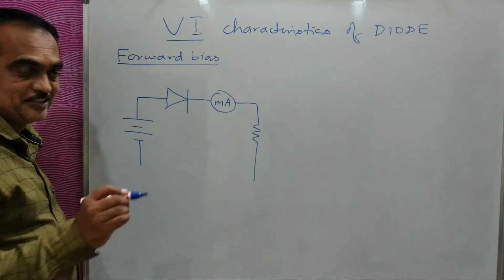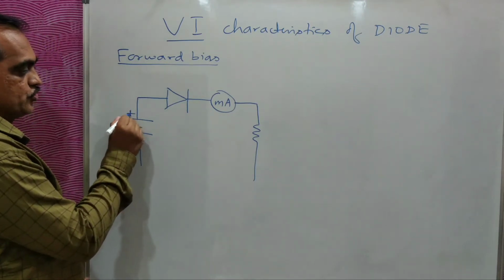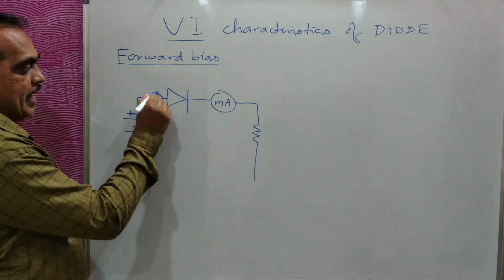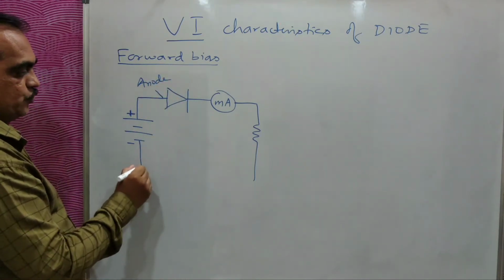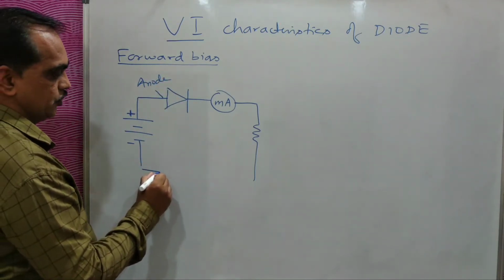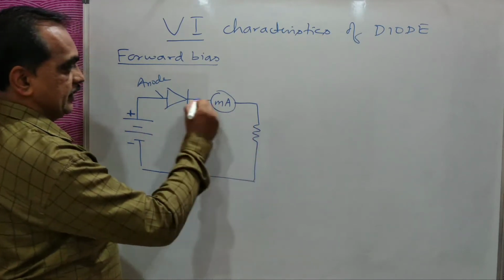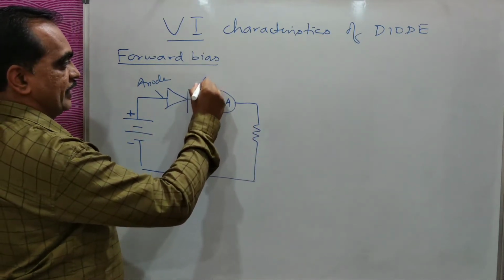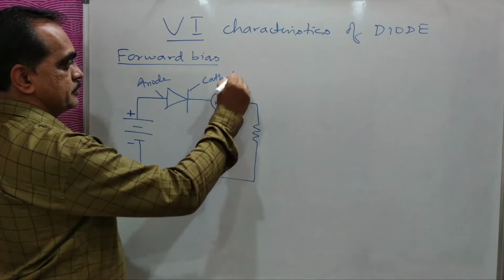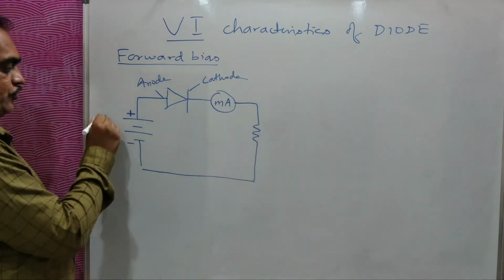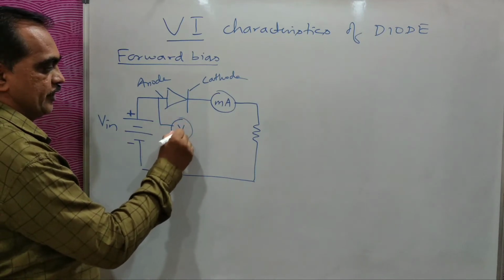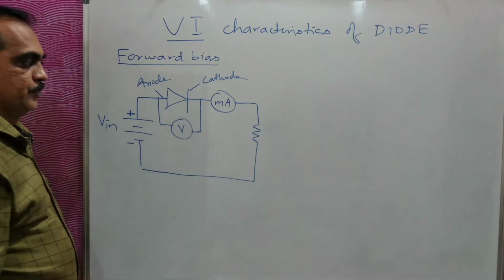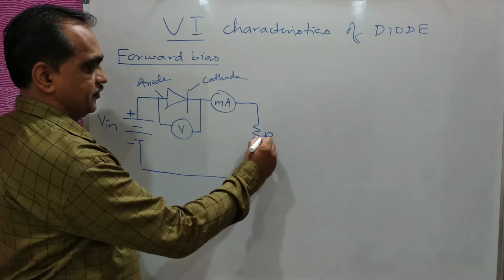Applied voltage is applied such that the positive should be connected to the anode of the diode and the negative should be connected to the cathode of the diode. So this is the cathode of the diode. This is your input voltage Vin, and here you can take voltage across diode. This is your resistor R.